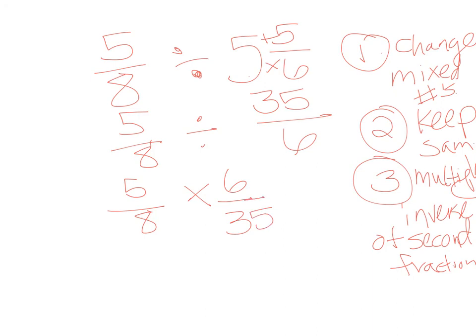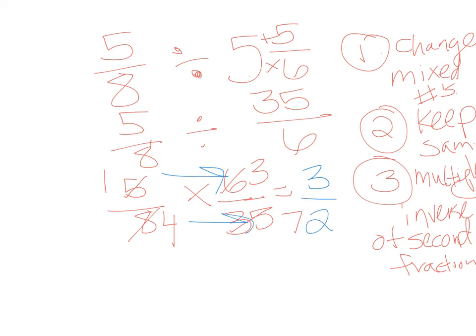If I want to cross cancel to simplify the process, I can. I know that 5 divided by 5 is 1, and 35 divided by 5 is 7. I also know that 6 divided by 2 is 3, and 8 divided by 2 is 4. I now can see 1 times 3 is 3, and 4 times 7 is 28. So my final answer is 3/28.